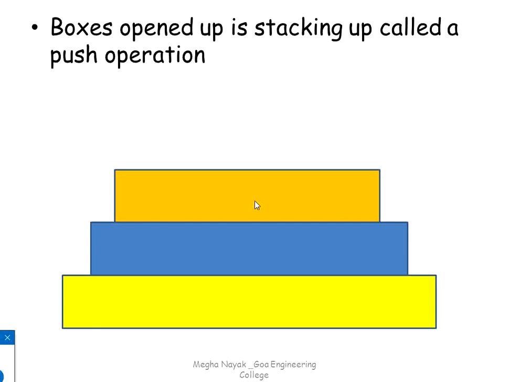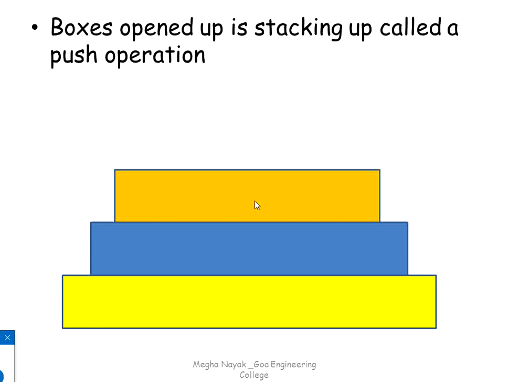So you're stacking up all the boxes every time you open them. So recursive function calls are analogous to stacking up of the boxes. So you are only stacking up over here, which is called the push operation of a stack.